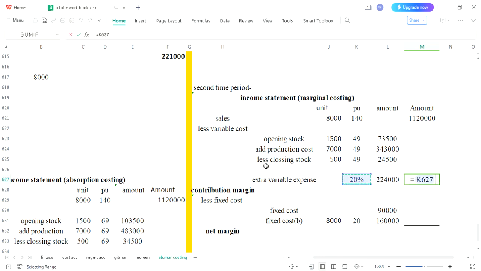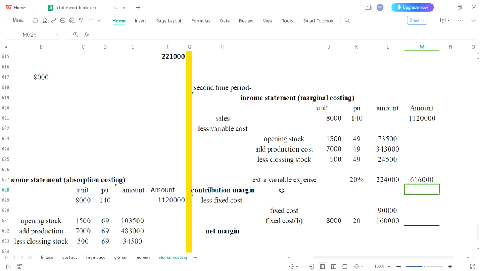The very first thing is our opening stock, then we need to add production cost, and then we will subtract closing stock. This is extra expense, so you will add this extra expense of 224,000. In this way, total variable cost has arrived.